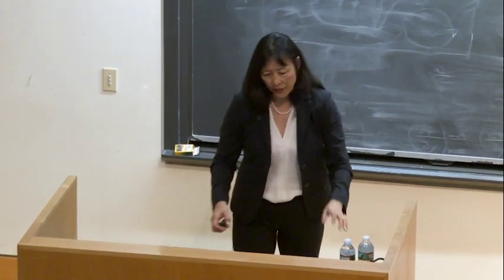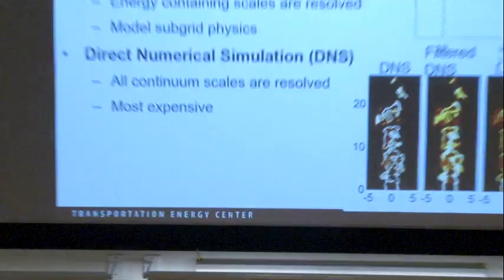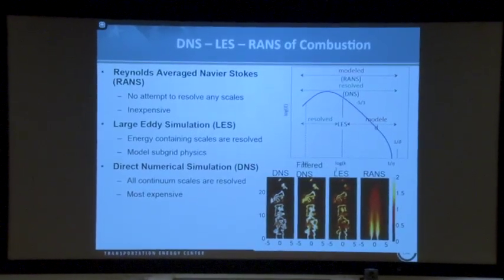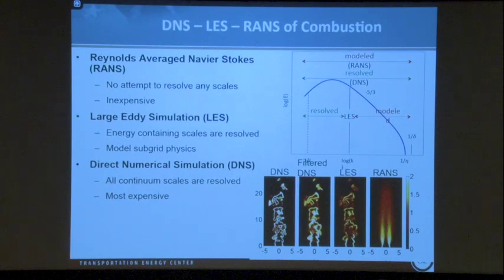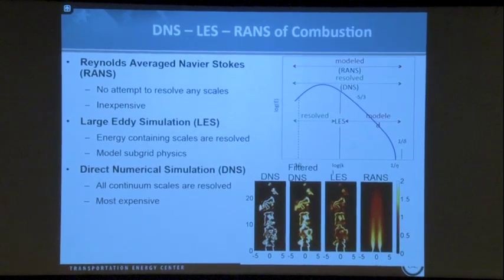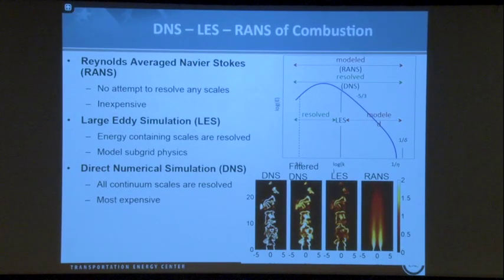As I mentioned earlier, you can look at different types of approximations in the continuum regime. Anything from Reynolds average Navier-Stokes, where there's no attempt to look at resolving any of the scales, and so you average out in time and space all of the scales. And this is typically what industry currently uses, because they need to turn around a large number of parameter studies very quickly on a workstation or on a very small cluster.